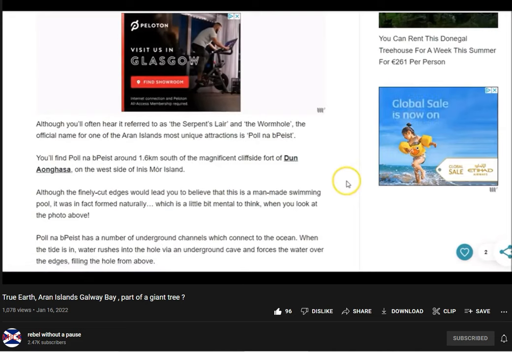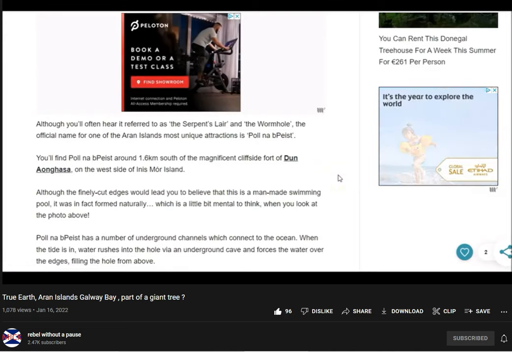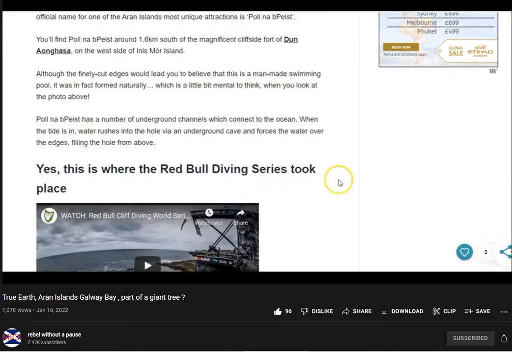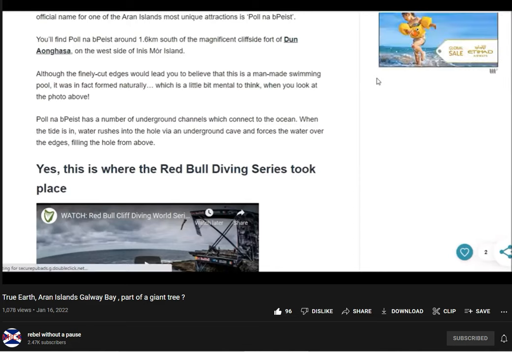Although you'll often hear it referred to as the Serpent's Lair and the Wormhole, the official name for one of our island's most unique attractions is Poll na bPéist. You'll probably find around, but it says here, although the finely cut edges would lead you to believe that this is a man-made swimming pool, it was in fact formed naturally, which is a little bit mental to think when you look at the photo above.